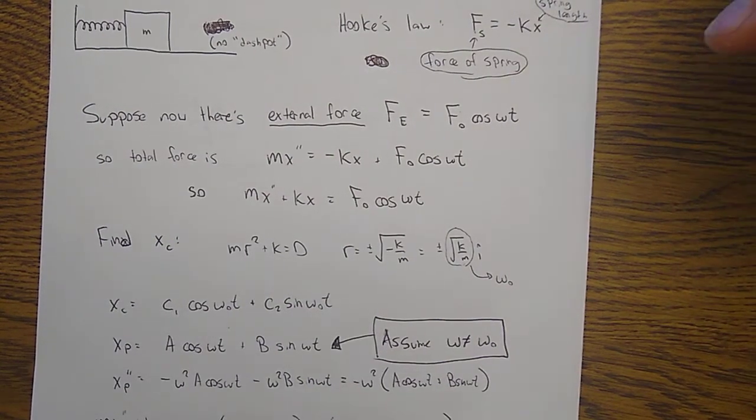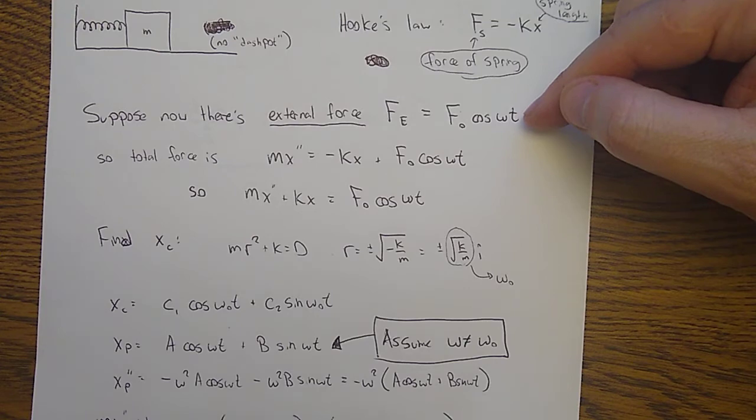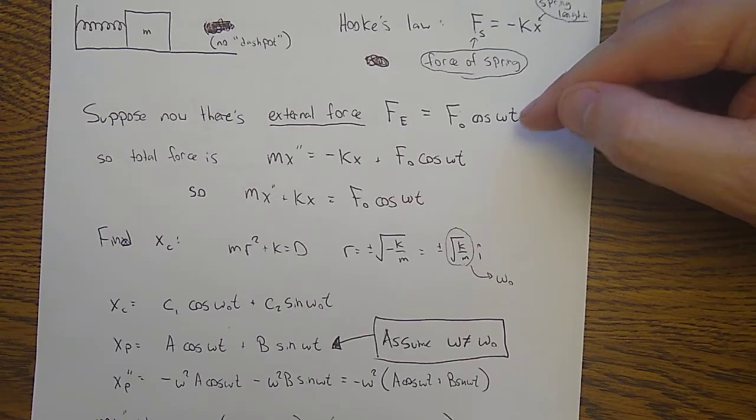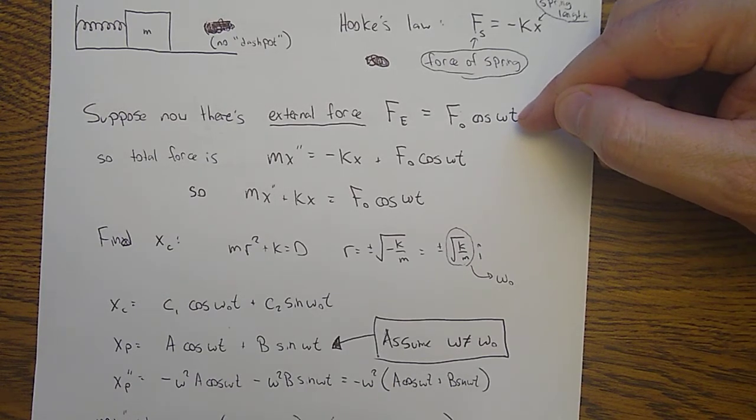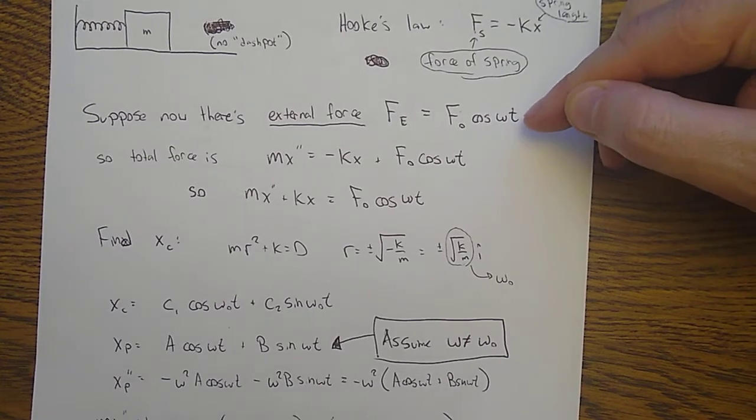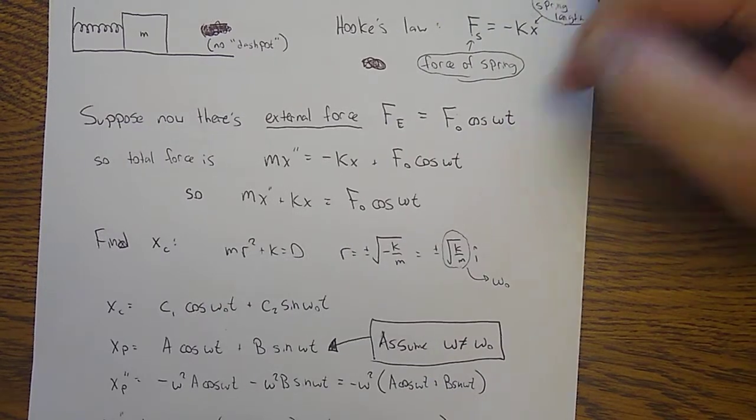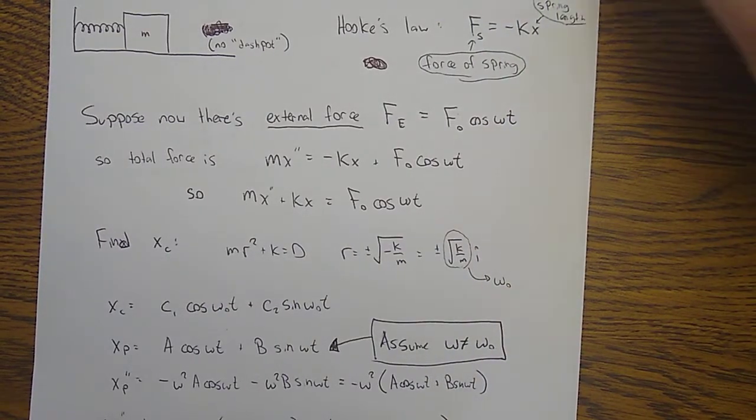We're going to be pretty specific about what form of external force we're interested in. We're interested in a periodic one, in fact, even more specific than just a periodic one. It's an external force that's of the form of a cosine function.